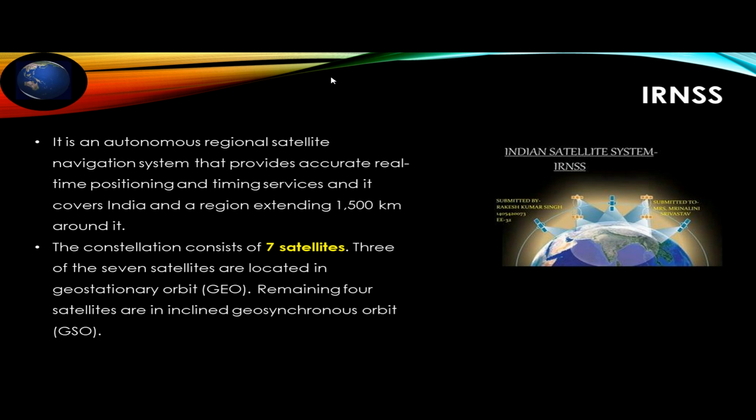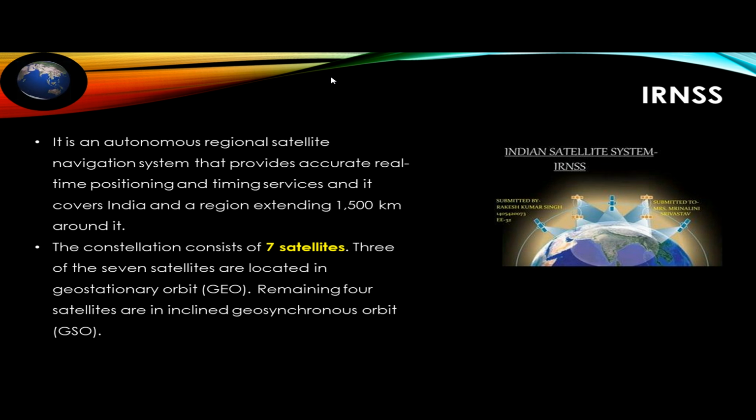And then what is this IRNSS? It is an autonomous regional satellite navigation system of India that provides accurate real-time positioning and timing services, and it covers India and a region extending around 1500 kilometers around India.